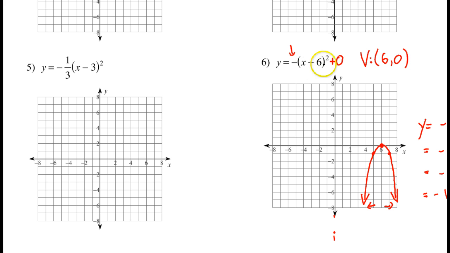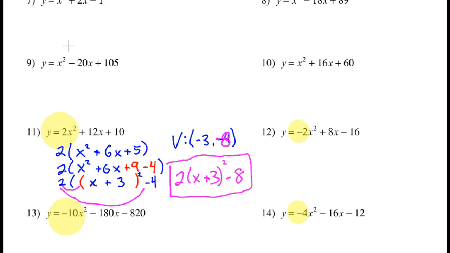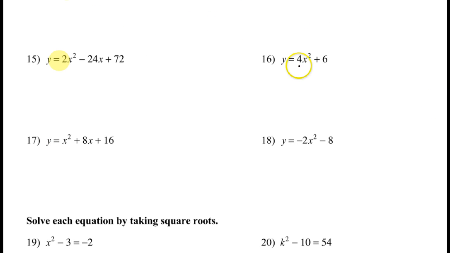When there was no number, I put in the 0, right? Same thing here, it's just on the x value. There's no add or subtract on the x, so it's the same thing as this. So my vertex is at 0, 6.